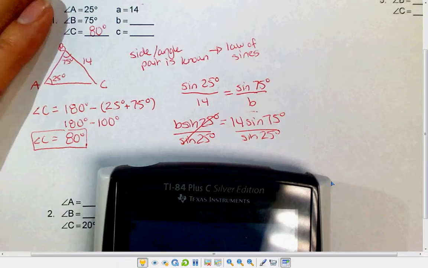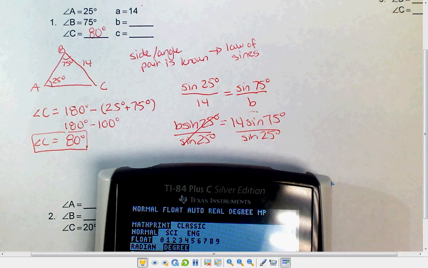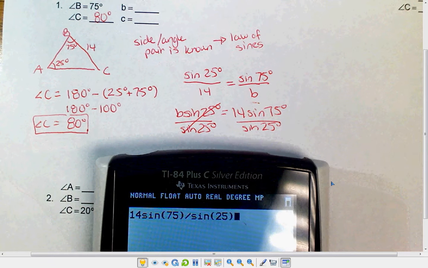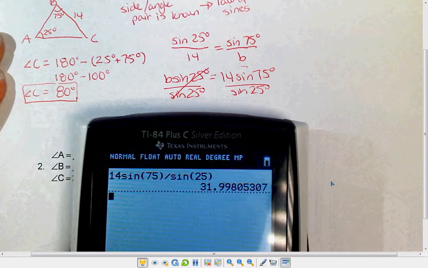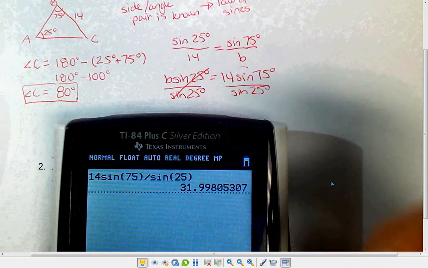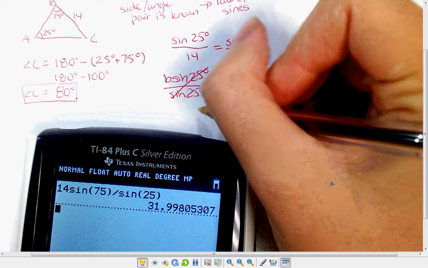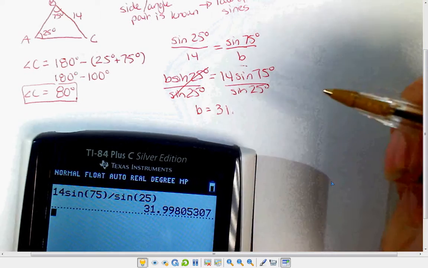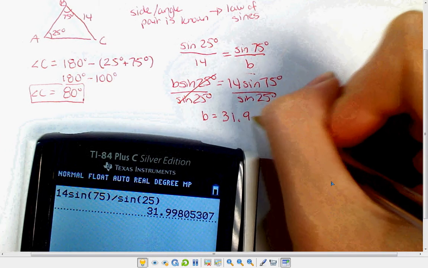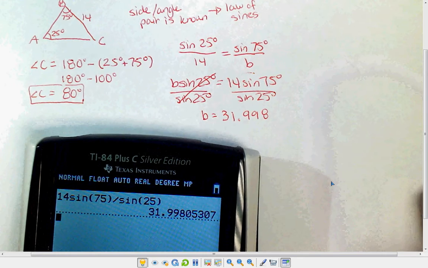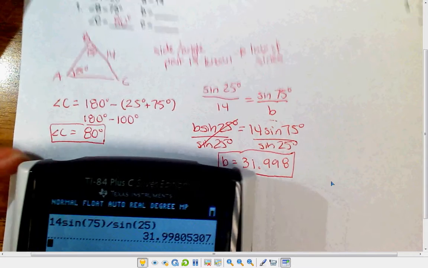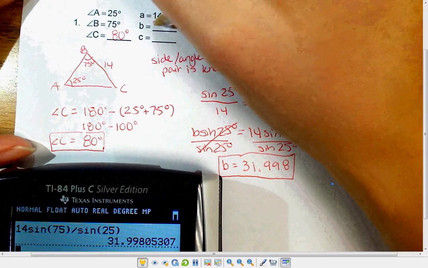Making sure you're in degree mode, we're going to type in 14 sine of 75 divided by sine of 25, making sure to have parentheses after your 75. And we get that B is equal to 31. Since it's a side, we're going to have three numbers after the decimal point: 31.998. And that is side B.